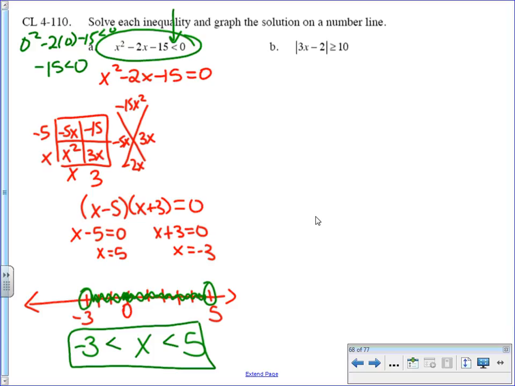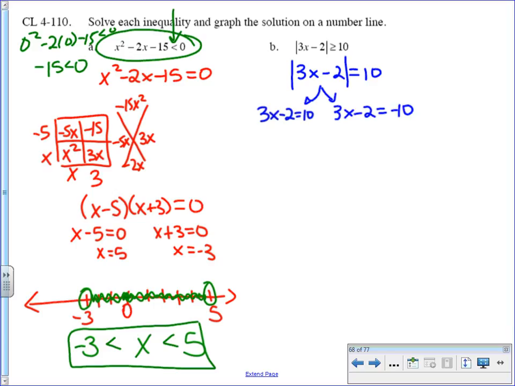So for B, similar process. Let's first pretend that this is equal to 10. An absolute value always comes out positive, meaning that what's inside the absolute value can either be equal to positive 10, which will come out to be positive 10, or it can equal negative 10, which would come out to be positive 10.